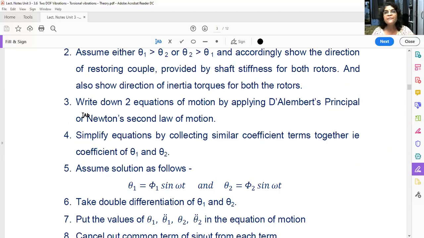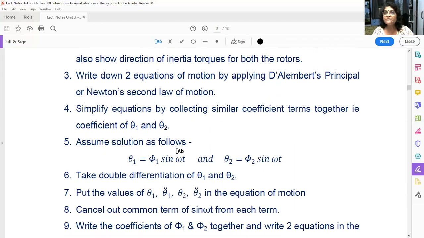Fourth step is to simplify equations by collecting similar coefficient terms together, that is, collect the coefficient of theta 1 and the coefficient of theta 2 together. Then assume the solution as follows: theta 1 is equal to phi 1 sin omega t and theta 2 is equal to phi 2 sin omega t, where phi 1 and phi 2 are 2 amplitudes for rotor 1 and rotor 2.